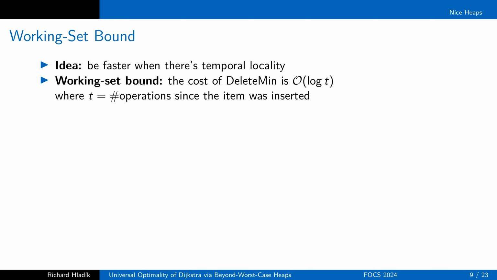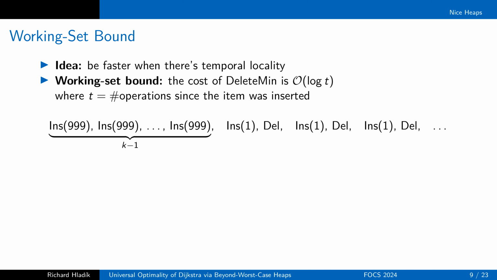Now you may or may not be convinced that this is any good, so let me show you an example. Imagine we have some operations where initially we insert some k-1 items into the heap, and those items are really large. Then we repeatedly insert some small item and call delete min, and we do this a lot of times.